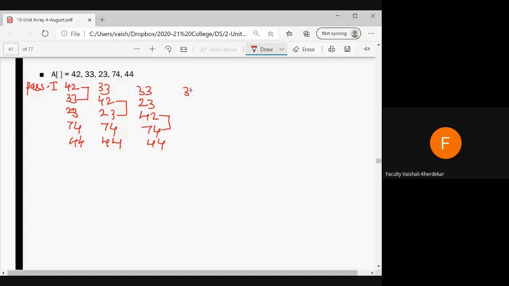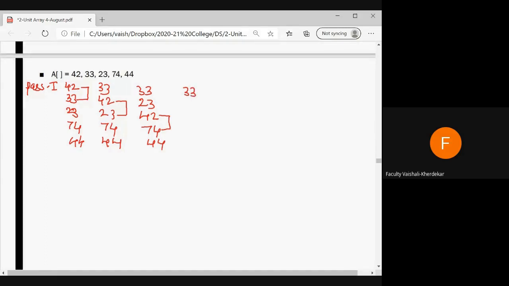If the next element is less than the first element, then at that time you have to interchange them, otherwise it is not necessary to interchange. So it stays 33, 23, 42, 74 and 44.